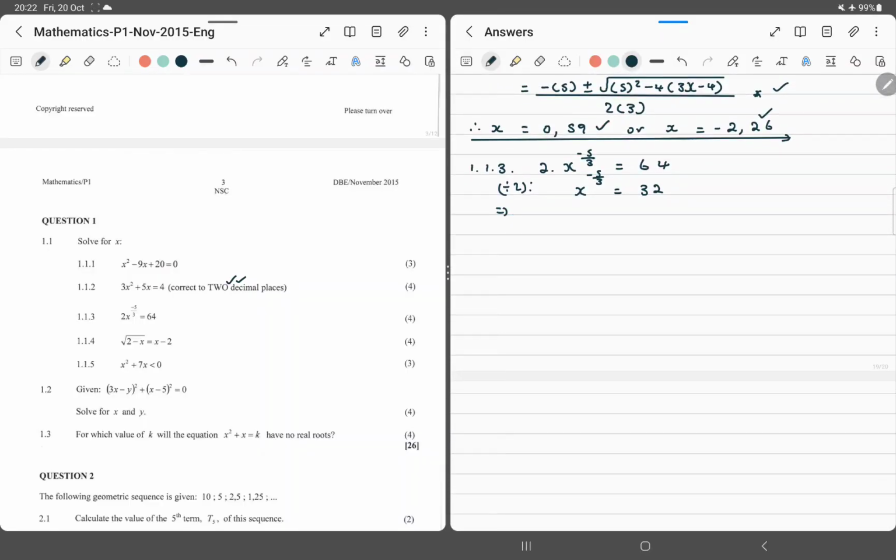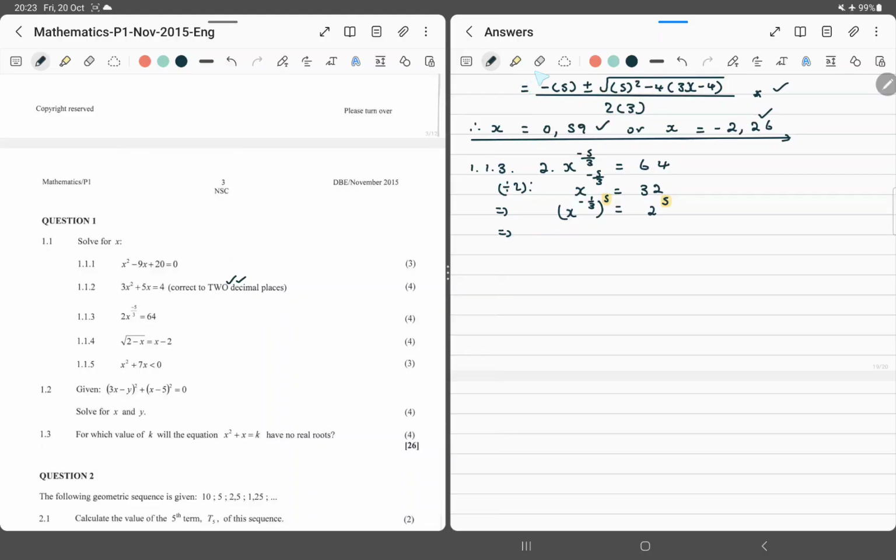This implies, now we can express this as x to the minus 1 over 3 all to the exponent 5. I'm just playing with the exponential rules here. So this is the same as 2 to the exponent 5, is it not so? Yes. Now we've got the same exponents, that means we can actually equate the bases.